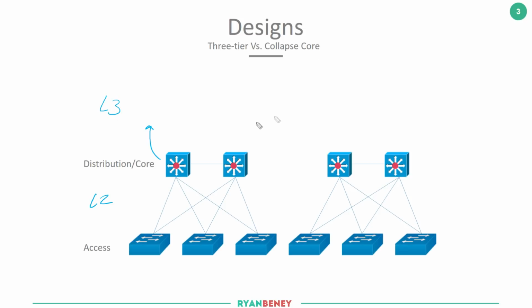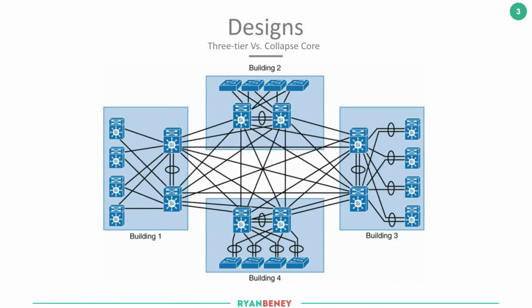But the problem with this sort of design is it requires the distribution to be fully meshed. So I'm going to bring up another diagram to explain what I mean by that. So here we have an expansion, if you like, on the view that we just looked at. So previously we looked here. We had an access layer, which you can still see is here.